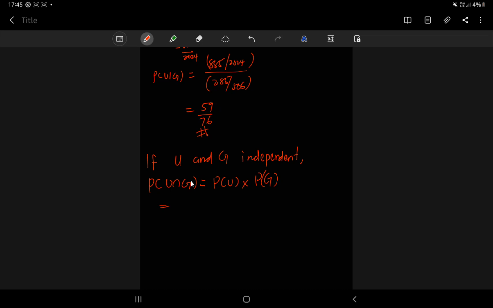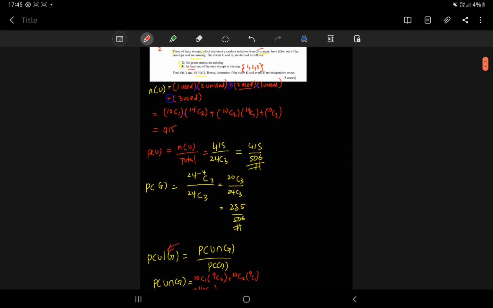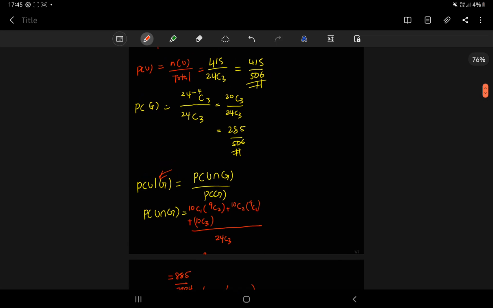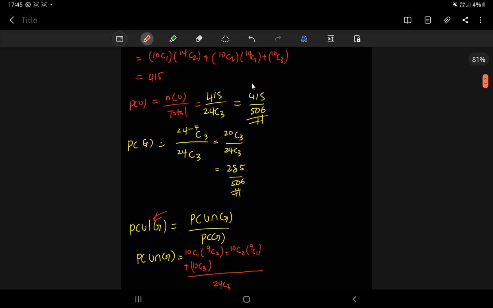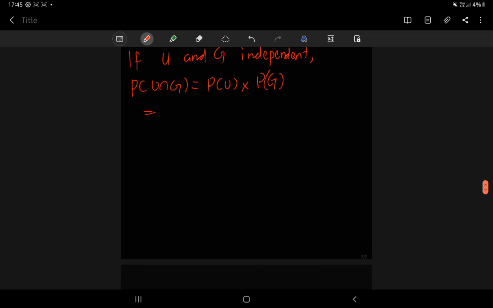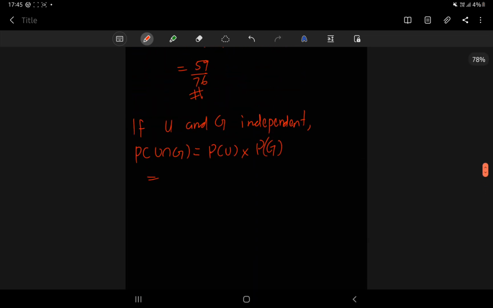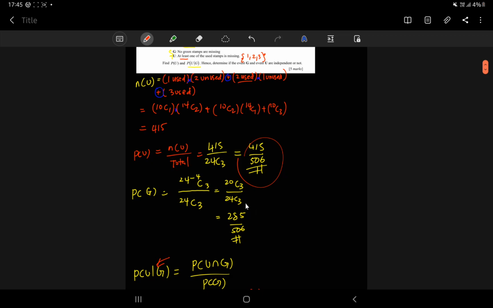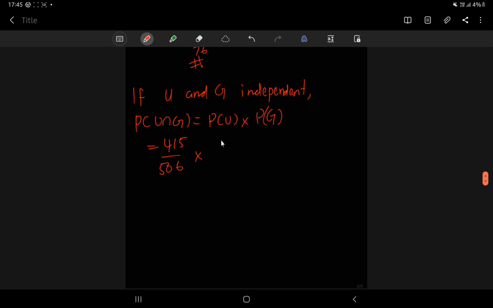And then we know that probability of u is 415 over 506, multiply with probability of g, which is 285 over 506. So this is about 0.462.